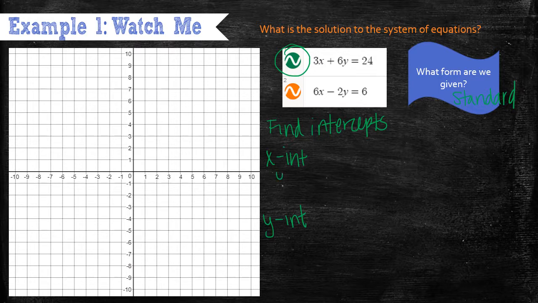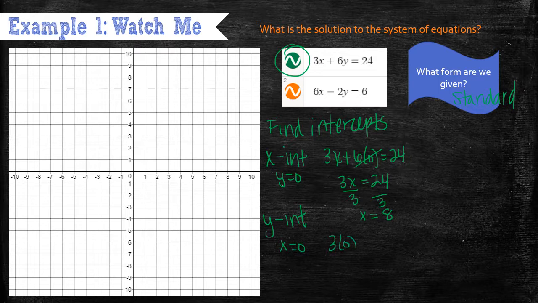To find the x-intercept, we let y equal 0. So 3x plus 6 times 0 equals 24. The second term just cancels because anything times 0 is just 0. So 3x equals 24. We divide both sides by 3, and x is going to equal 8. So there's my x-intercept. Now I do the same thing for my y-intercept, except I let x equal 0.